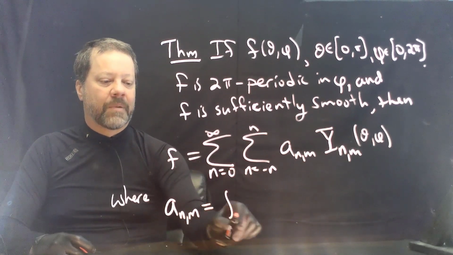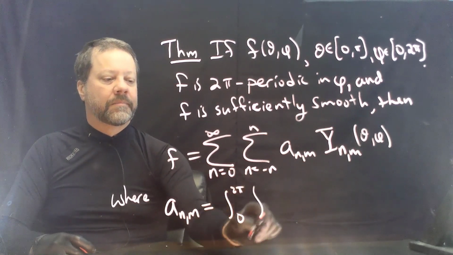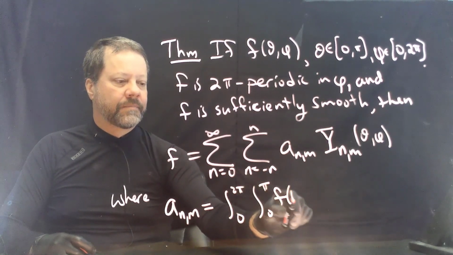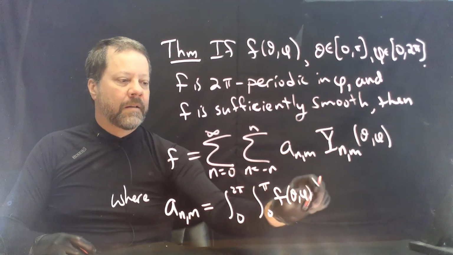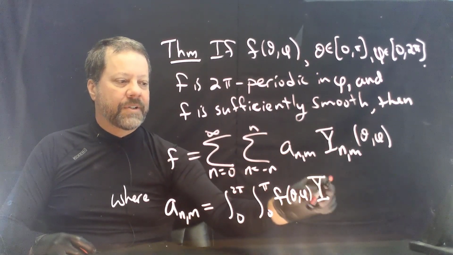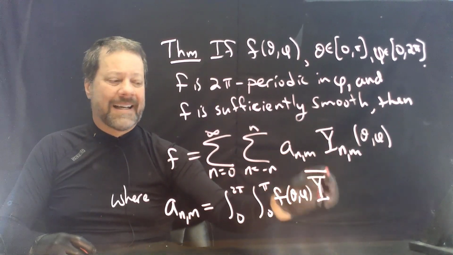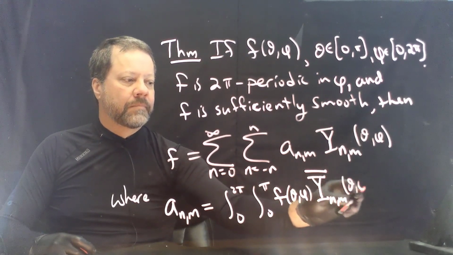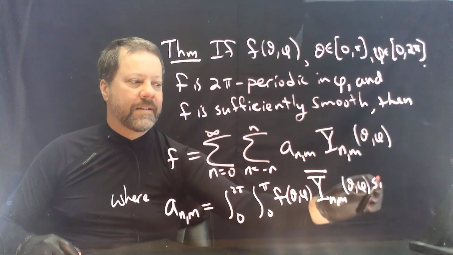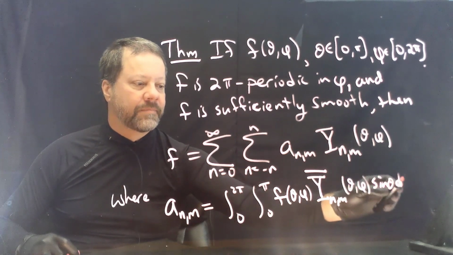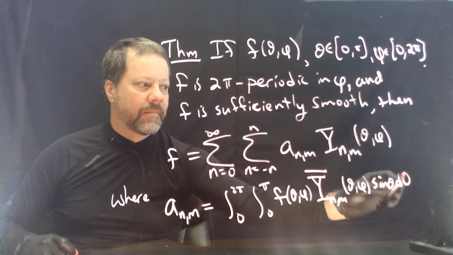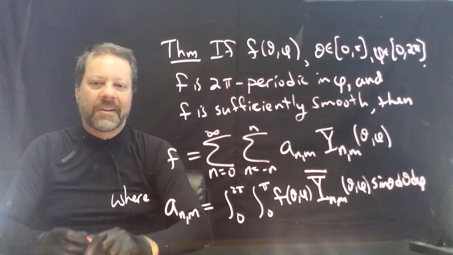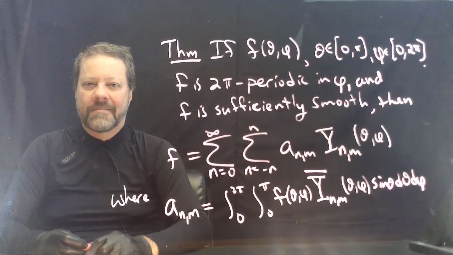It's just going to be the inner product. We'll have our function. Since y is in the second position, it's going to have a complex conjugate. Where the weight is still sine theta, and so you can see it's easy to calculate the Fourier coefficients in this case.